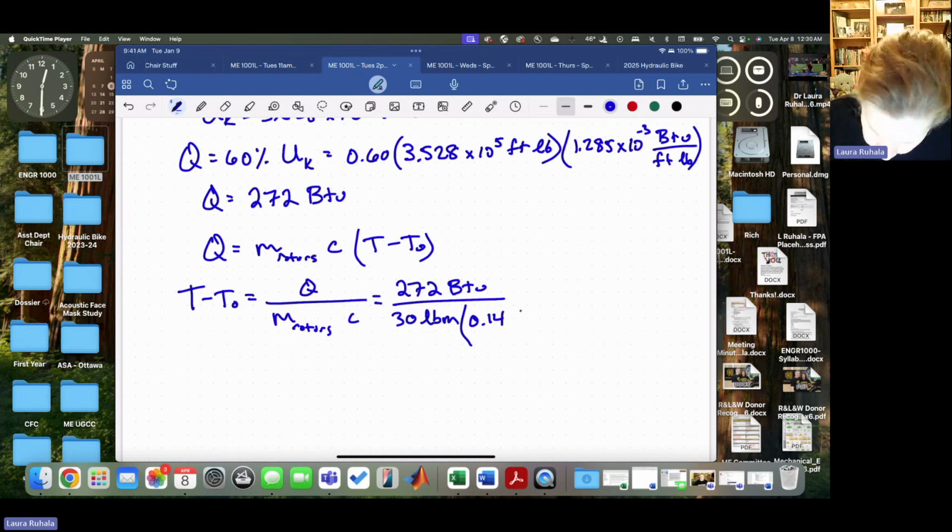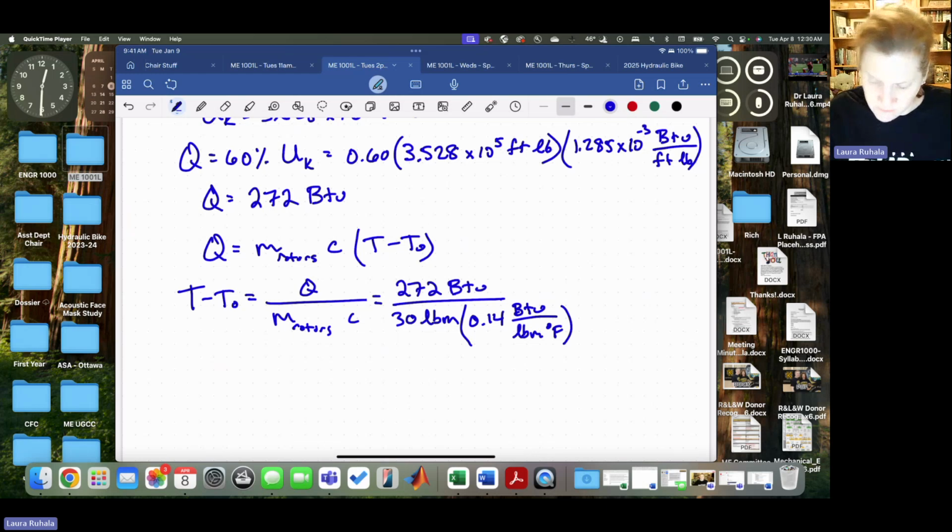The unit of specific heat is BTU per pound mass degree Fahrenheit. This is good for us, right? So BTU is going to cross out, pound mass crosses out, and degrees Fahrenheit is in the denominator of the denominator, so we'll pop it up to the numerator.